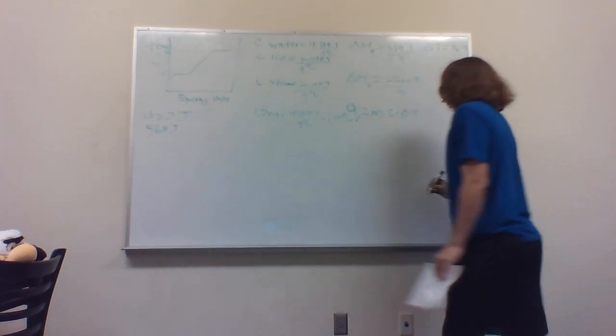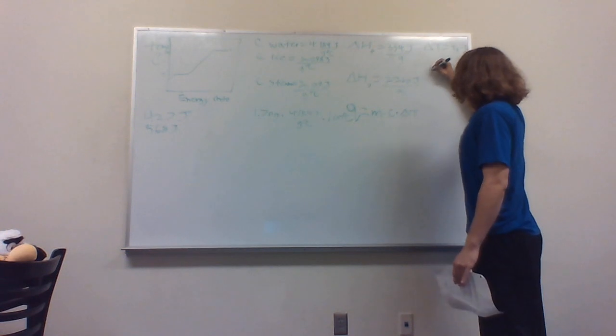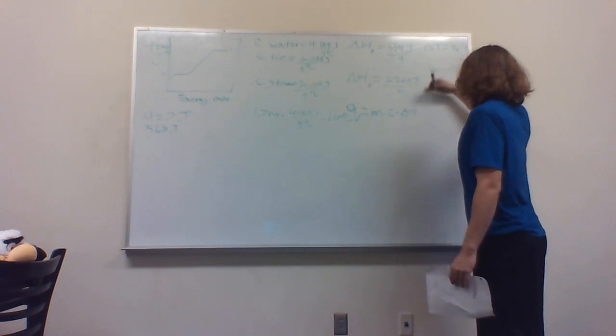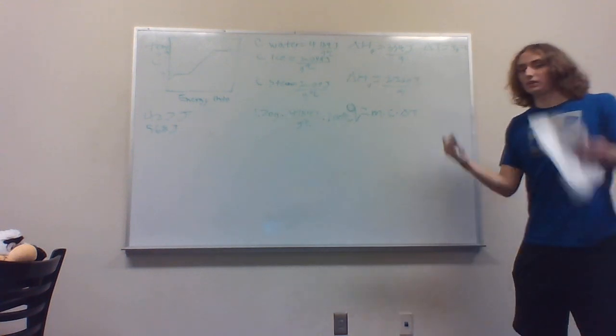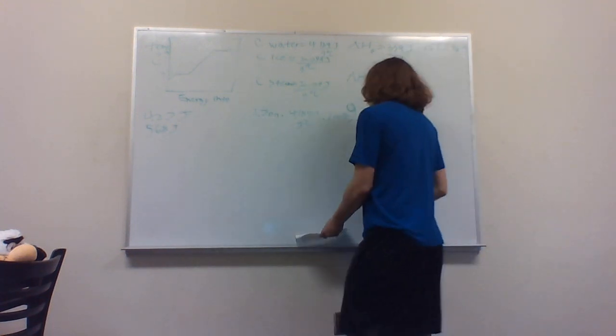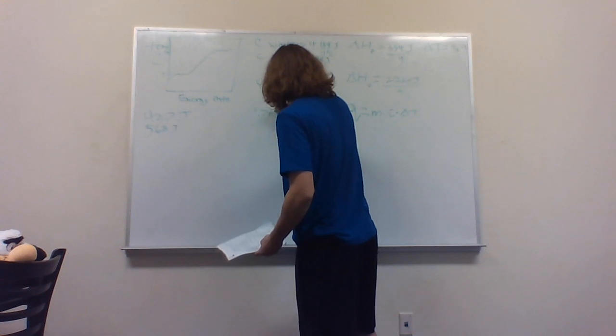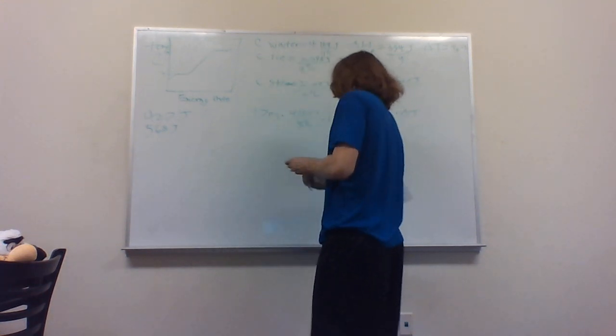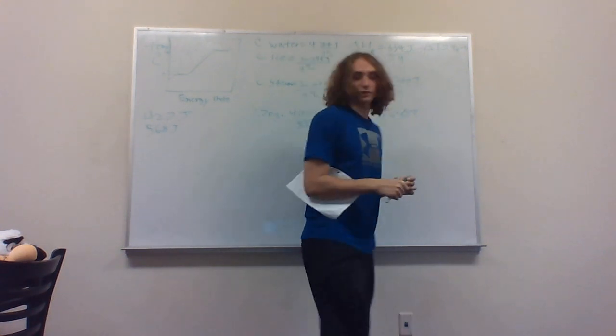Our final will be 100. Final degrees Celsius minus 0 degrees Celsius. So 100 minus 0 is 100. It's crazy. Anyway, the grams cancel out. Celsius cancels out. And we're left with, where'd my calculator go?